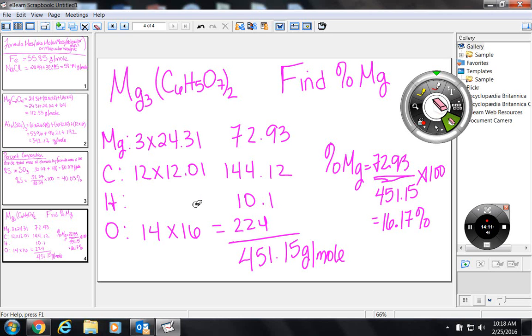Find it for magnesium. Multiply 5 by 2, then you have to multiply it by 6 times 7.